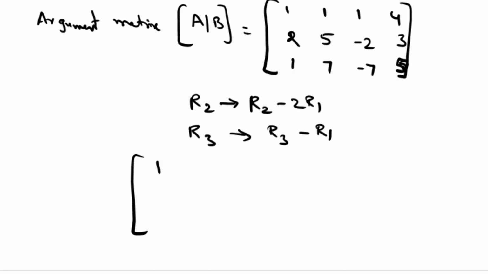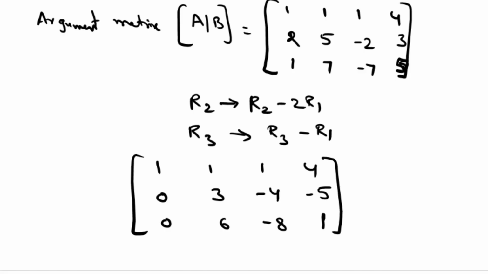Row 1 will be as it is; row 2 will be 0, 5 minus 2 is 3, minus 2 minus 2 is minus 4, 3 minus 8 is minus 5; and row 3 is 0, 6, minus 8 and 1.